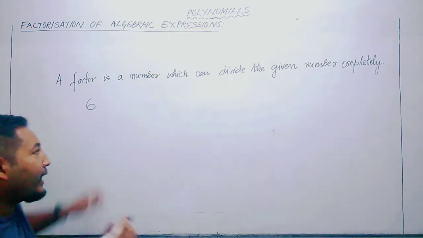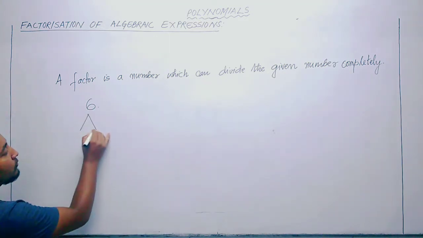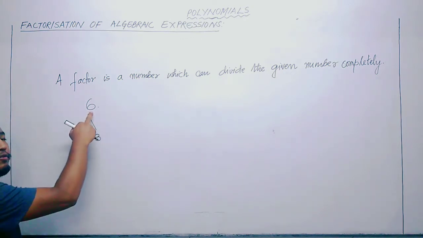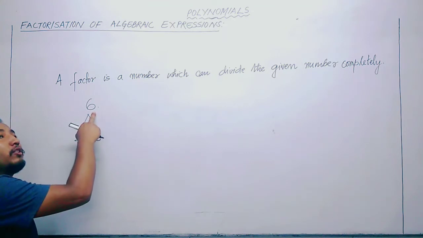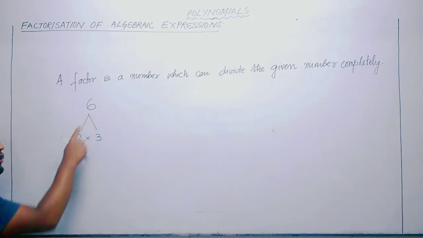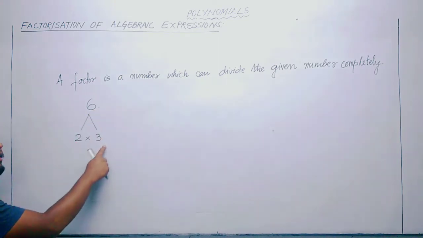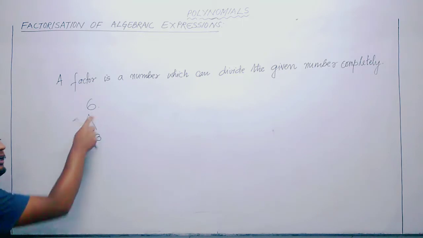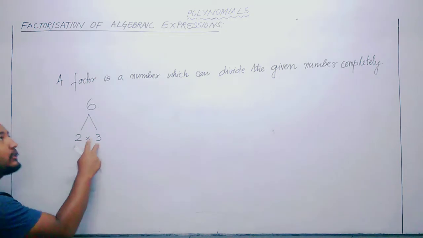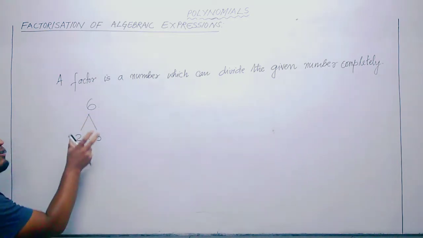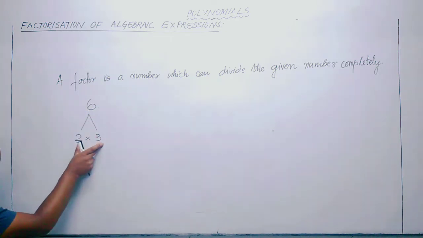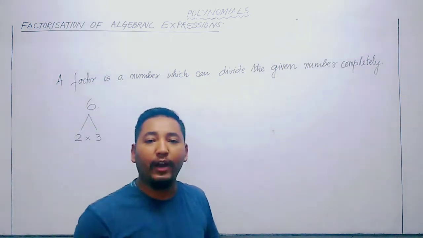I can write 2 into 3. 2 is a factor of 6, and 3 is also a factor of 6. 2 can divide 6 completely, since 3 twos are 6. 3 can divide 6 completely, since 2 threes are 6. Therefore, 2 into 3 is a product of factors of 6. That is the meaning of factorization. Now 6 has been factorized in the form of 2 into 3. That is the basic meaning of factorization.